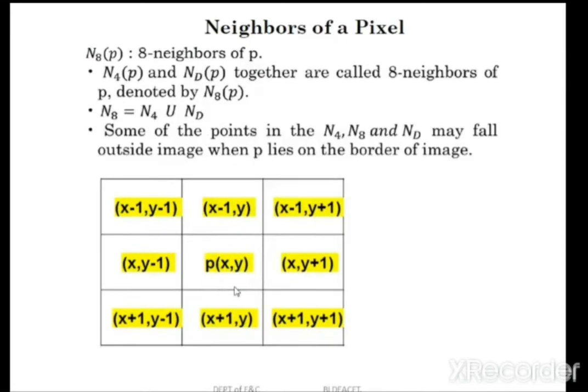And in case of 8 neighbors, we consider all the surrounding pixels of the P at location x comma y. So simply it is the combination of 4 neighbors and diagonal neighbors of the pixel P. So this is all about the neighbors of a pixel, how to define them.